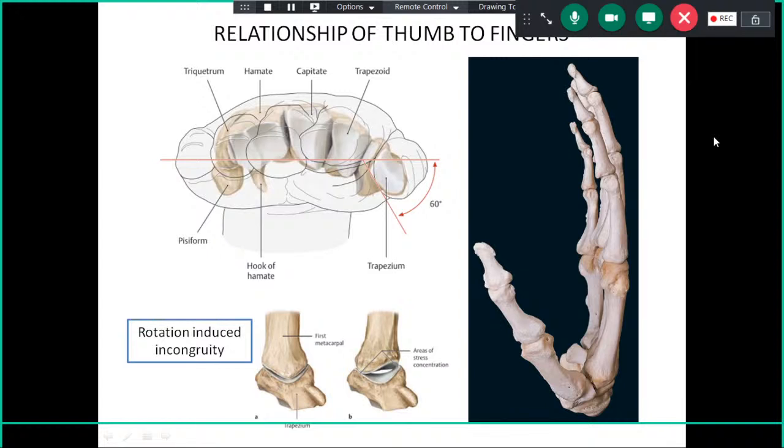The surfaces do not stay congruent with each other. Can you appreciate how the metacarpal is going to rotate? In opposition, it is associated with a bit of medial rotation, and the first metacarpal rotates over the trapezium. Can you appreciate this?